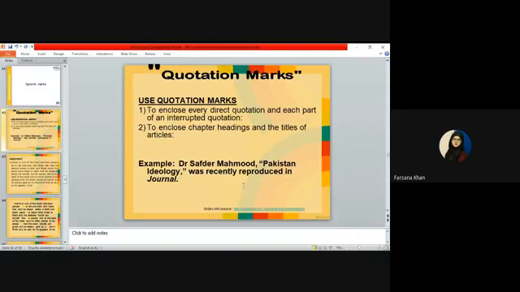So it means when you add the name of the heading, the title, the name of the book, the name of the poem, the name of the chapter within the sentence, at that time you will use the inverted commas or quotation marks while highlighting the name of the book, poem, chapter or heading within the sentence.